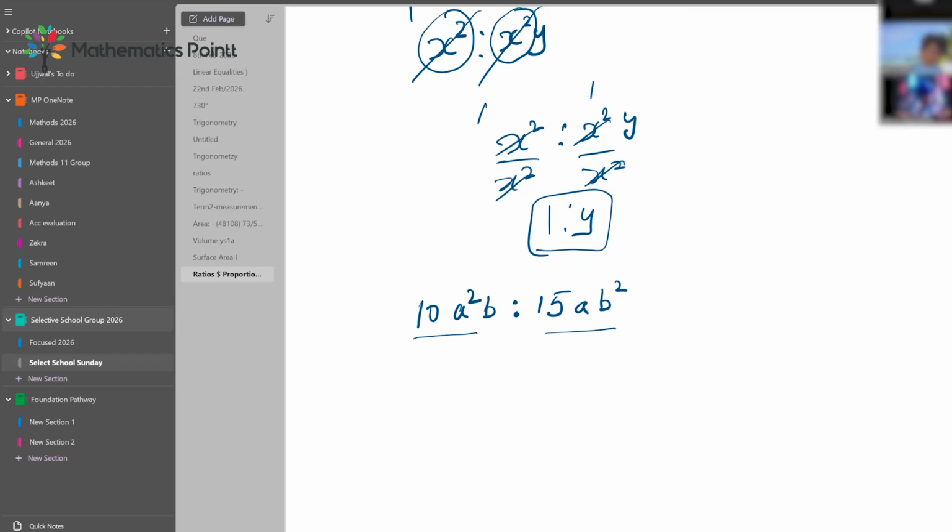AB is fine. What about the number? You've got a number as well, Kathy. 5. So 5 from numbers and AB from the variables. So that is the common factor.